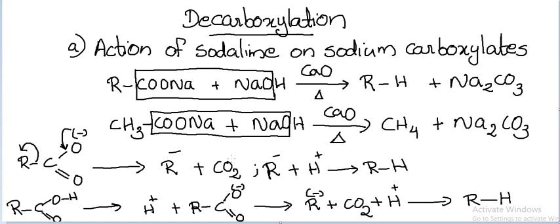We get a carbanion. This carbanion is treated with H plus to form alkane, RH. When the reaction starts from the free acid, that is RCOOH, that is the free acid, this is the sodium carboxylate anion.